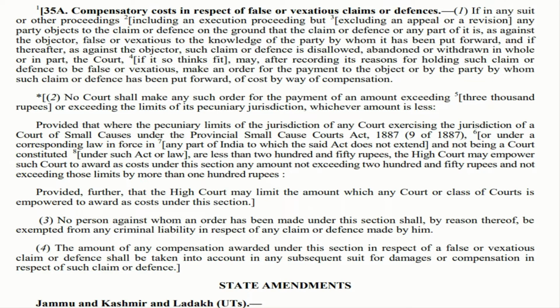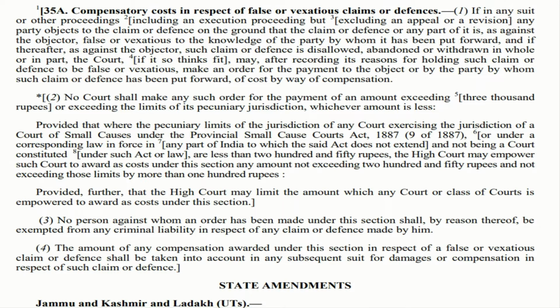At a later stage, the court declares that my claim is false. In that case, the court will say that your objection was correct, and that I have to pay compensation to you. This is what is explained in 35A subclause 1.